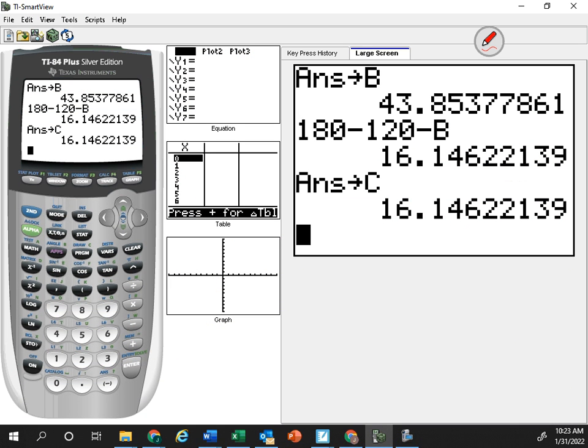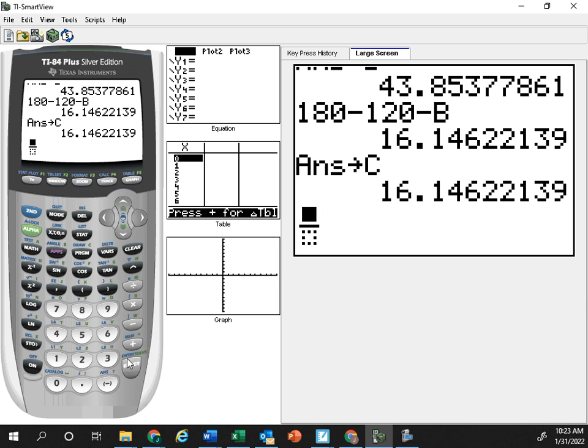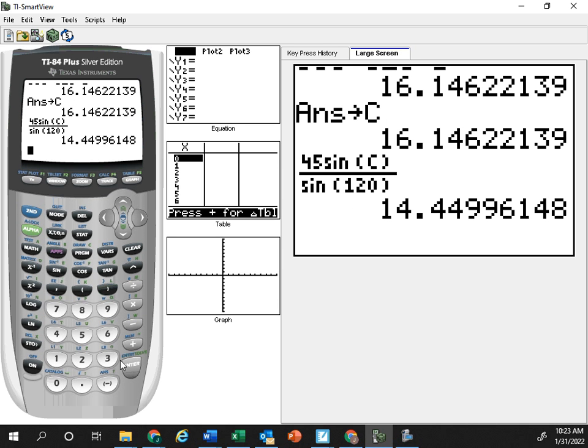Okay, so I'm going to do the fraction key. And I would do 45 sine of that C that I stored over sine of 120. Are you getting essentially 14.50?